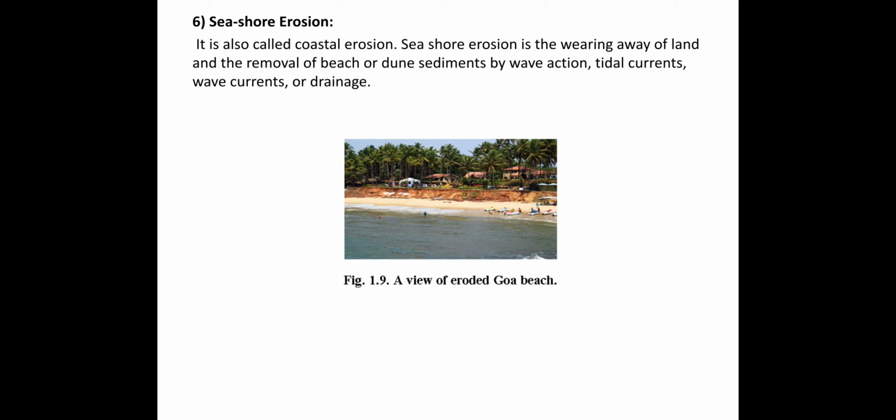Sea shore erosion is the wearing away of land and the removal of beach or dune sediments by wave action, tidal currents, wave current, or drainage, and the soil erosion due to such actions from the coastal line is called the coastal erosion or sea shore erosion.